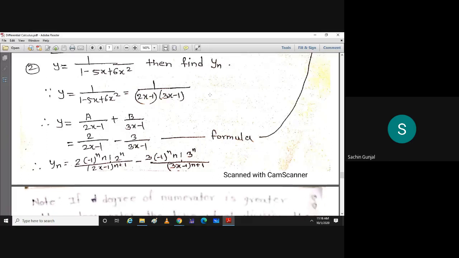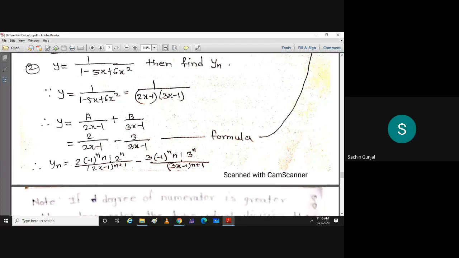I hope everybody understood this. Once you factorize, you write that function as a upon 2x minus 1, the first factor, plus b upon the second factor, 3x minus 1. Now do cross multiplication: a into 3x minus 1 plus b into 2x minus 1 is equal to the numerator, which is 1.